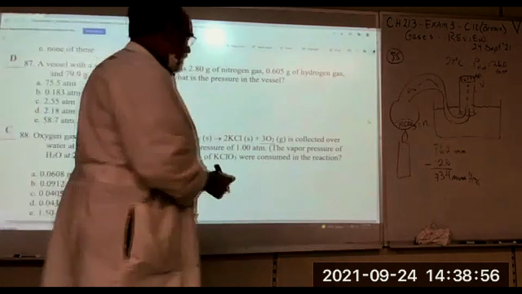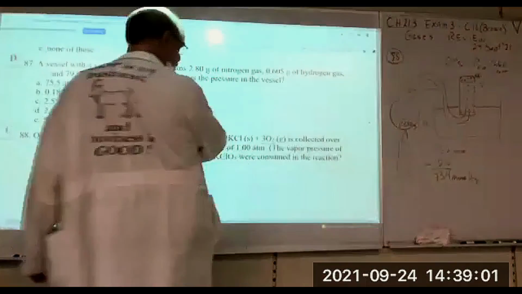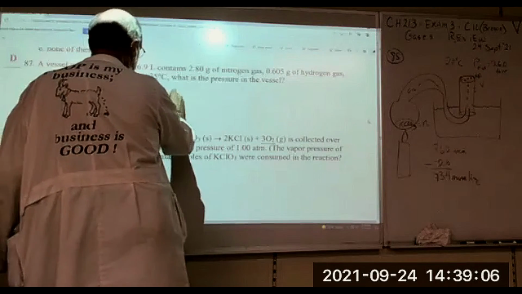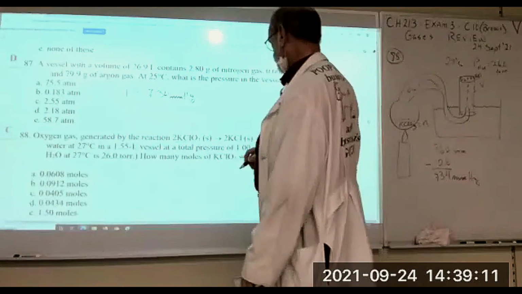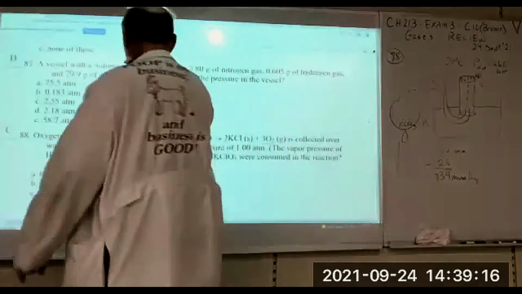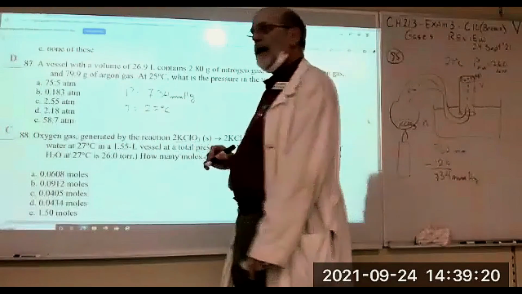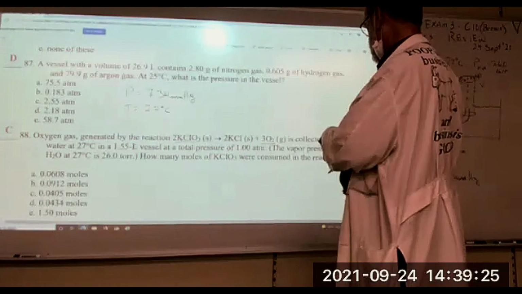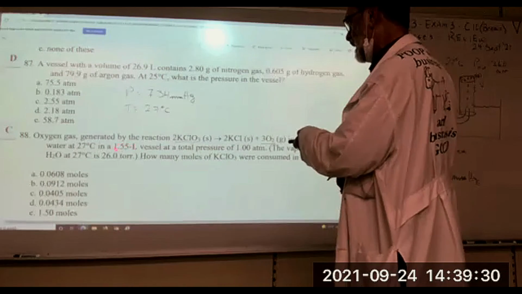Right. Okay, so we're going to take this knowledge. We know that the pressure equals 734 millimeters of mercury. What else do we know? We know the temperature, 27 degrees. All right. Let's see. Volume is 1.55 liters.